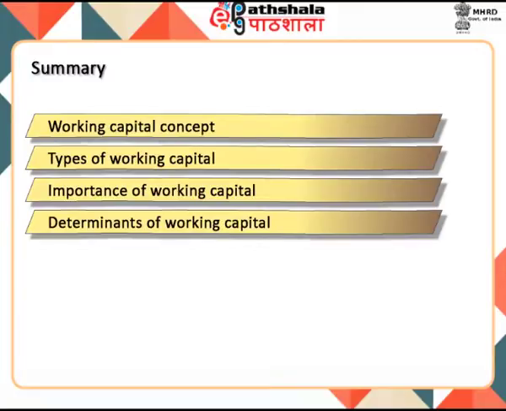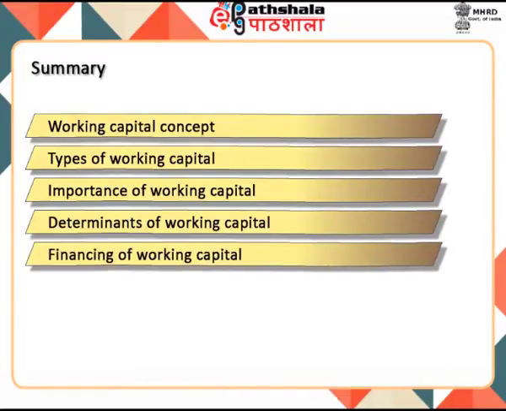The working capital requirement does not remain constant. It varies on the basis of many factors, which are mainly internal and external factors. Internal factors include size of the firm, nature of the business, etc. And external factors include business cycle, import policy, tax policy, etc.